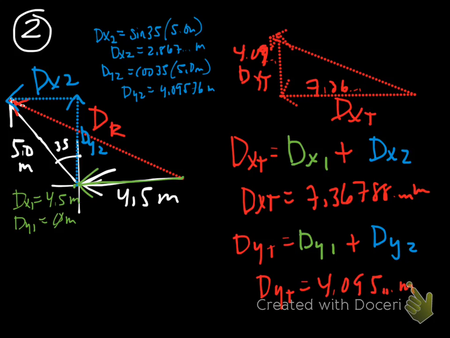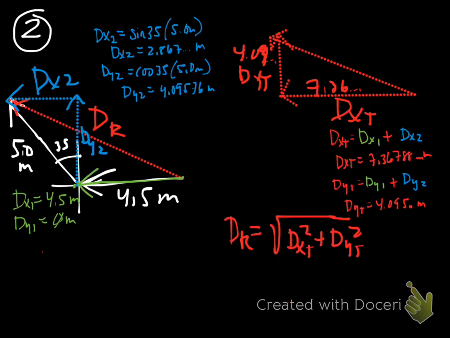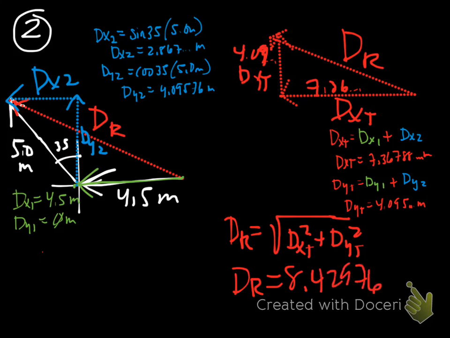Badly drawn. So we know that the resultant displacement, our dr here, is equal to the square root of dx total squared plus dy total squared. Plug in numbers, we get a resultant of 8.4297651 meters.